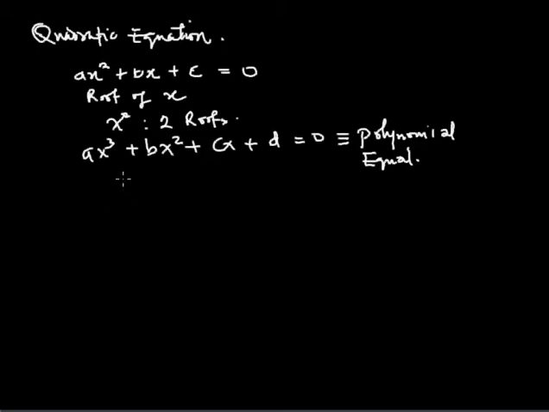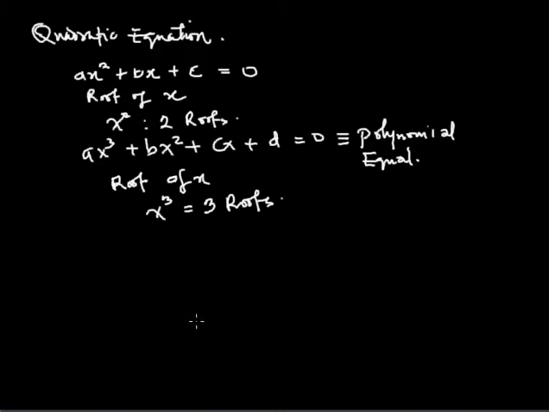The roots expected of x will be 3 roots, because the variable is raised to power 3. We will expect 3 roots in equations that look like this. But today we're still going to continue with our quadratic equation.